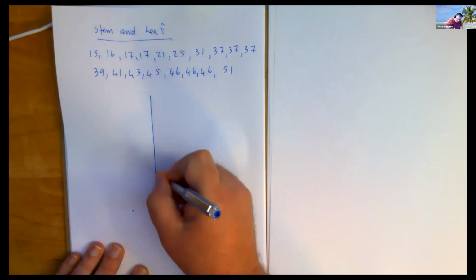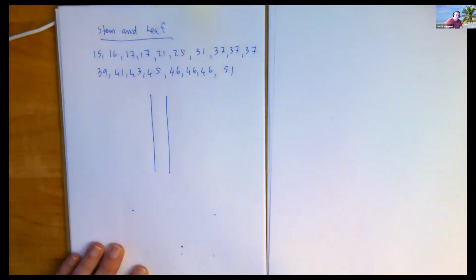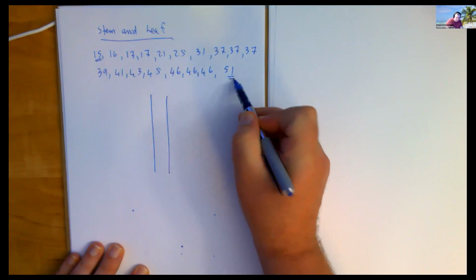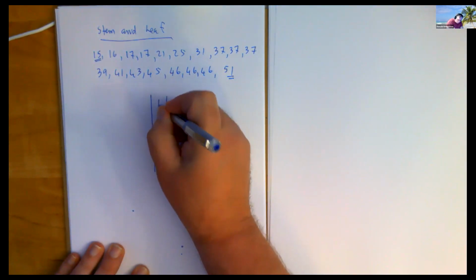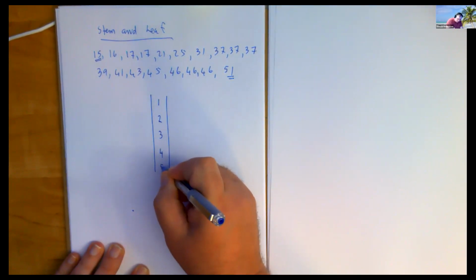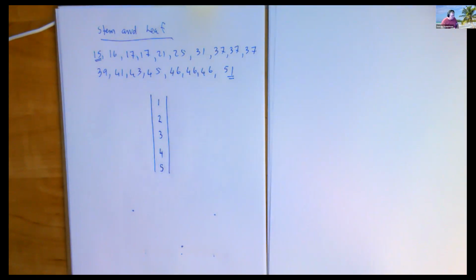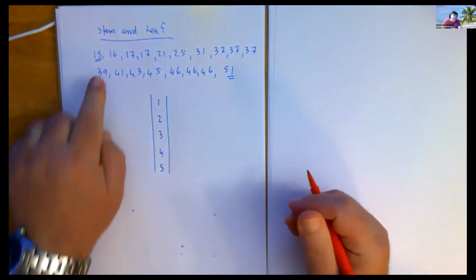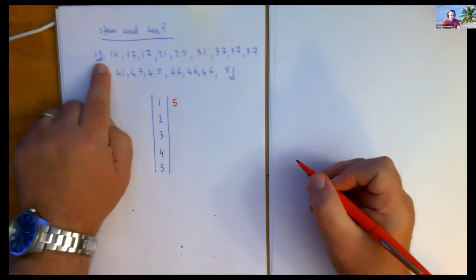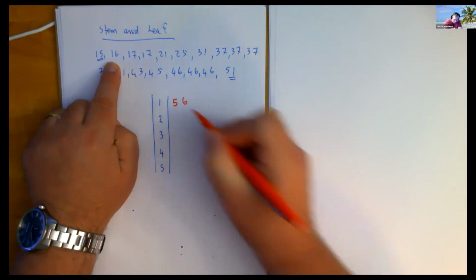So what you do in a stem and leaf is you create a thing called the stem. And in this data, we start on the teens and we finish on the 50s. So I'm going to go 1, 2, 3, 4, 5. Now, changing color, just because I can. 15, you just put a 5 there. 16, you put a 6 there.